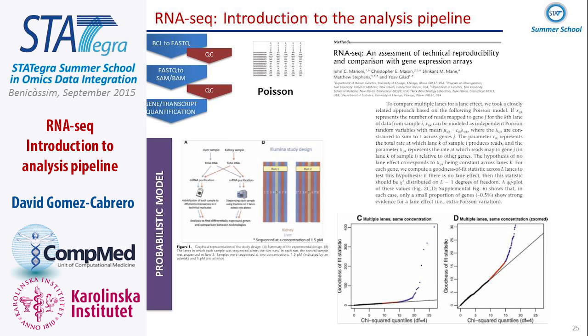And they say, well, only for extreme cases this is not entirely true. So they were happy with that. And then for every gene you estimate a Poisson model for the case and for the control, and then you compare the difference between them. That's one way of looking at it.